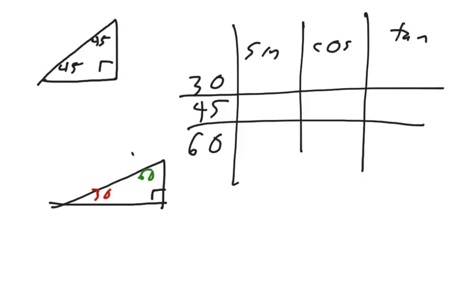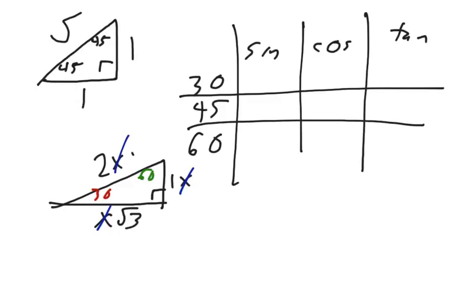So in here, the opposite side from 30 is going to be x, and I'm going to write a 1 in front of it. The side opposite the right angle was 2x, and the side across from 60 was x square root 3. And for the most part, we don't really need these x's here. And the 45, 45, 90 was 1, 1, and the square root of 2.